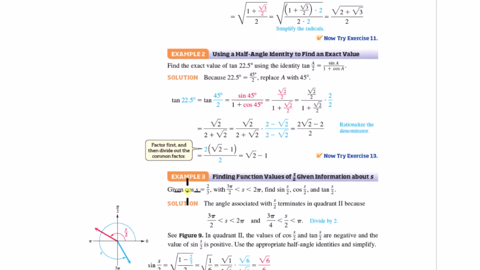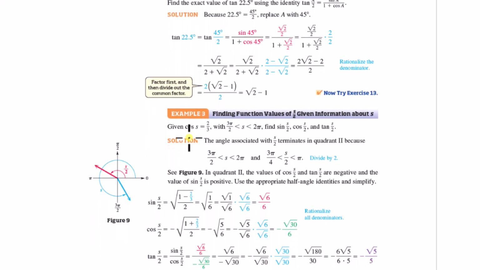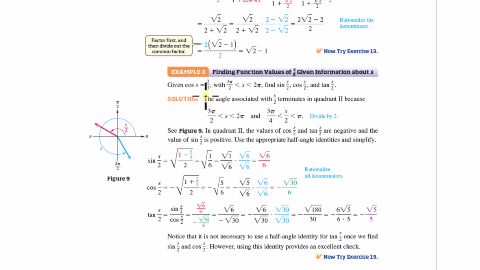Okay, now here's more problems. If we know that cosine of s is 2/3 and s is between 3 pi over 2 and 2 pi, so the fourth quadrant, find sine of s and the half angles for sine, cosine, and tangent. We could use the Pythagorean identity to get sine of s, and then we could also get tangent of s, just divide sine by cosine.